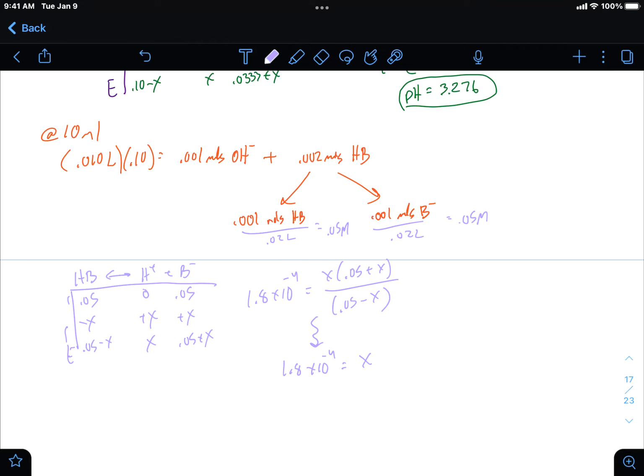Now, let's do this both ways. Let's prove it to ourselves and plug into the calculator without simplification, and then see what we get.